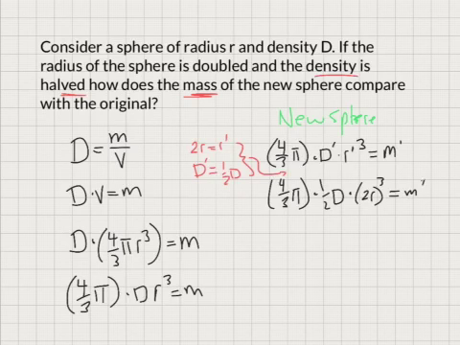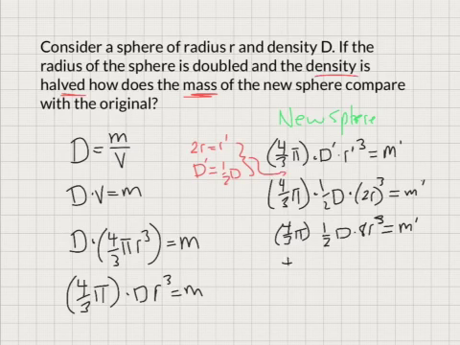Since I'm rewriting this multiple times, I could just call the 4/3 pi C for constant, since we know it's the constant. At any rate, we get 1/2 d times 8r cubed, and that's equal to the mass prime.